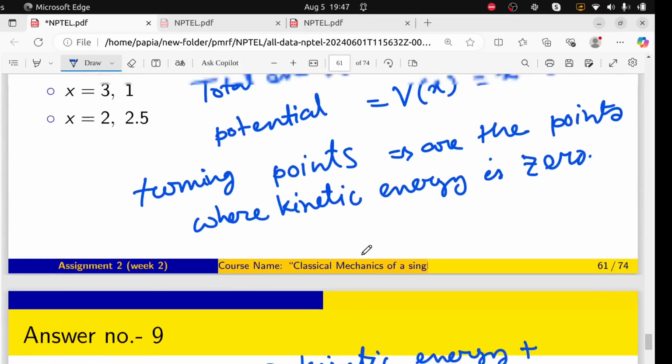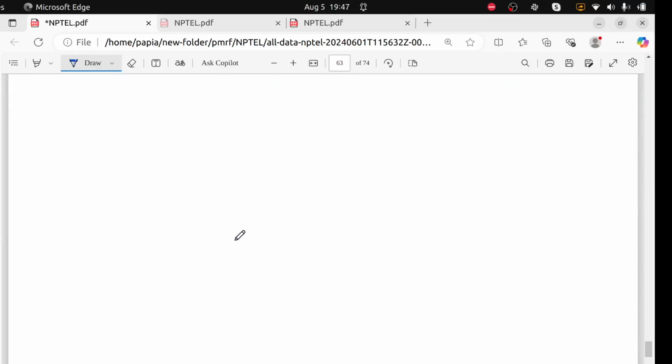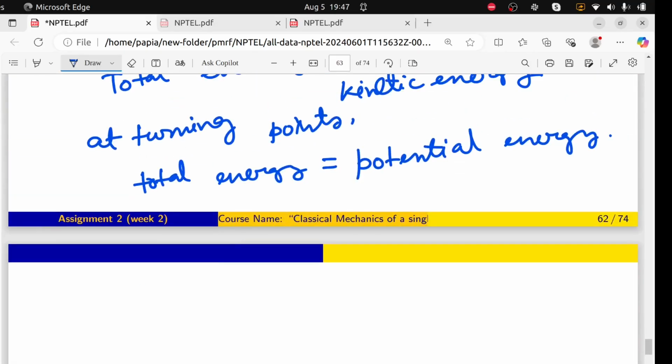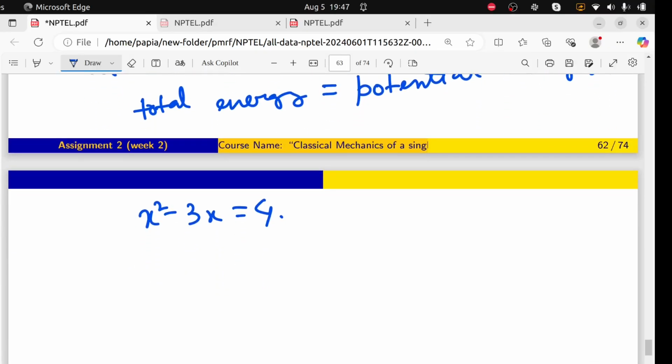So if total energy equals to potential energy, now coming here, total energy was 4 and potential energy is x square minus 3x. So x square minus 3x equals to 4. So from there I can get the value of x. So x square minus 3x minus 4 equals to 0.